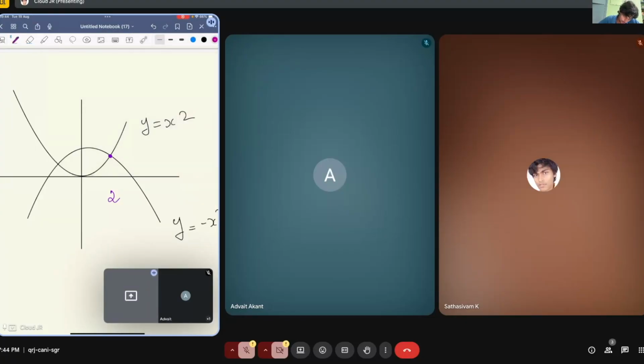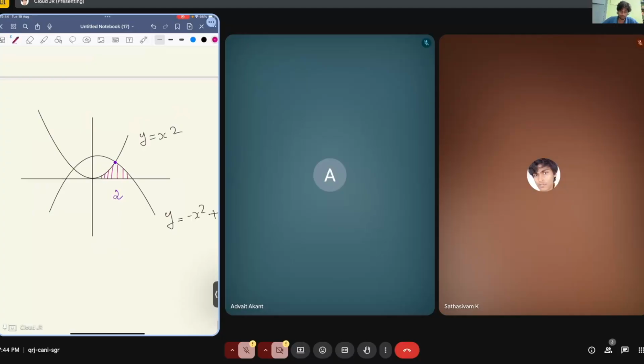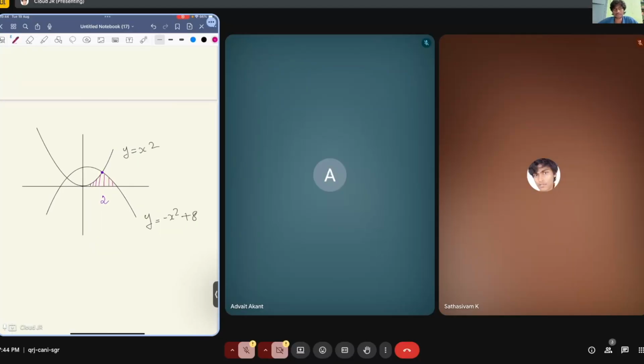I have the same diagram, but I just want to find this area. Now, how do you find it? It's the same problem, right?